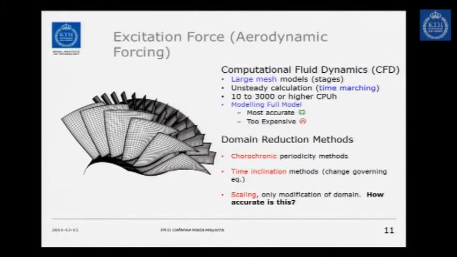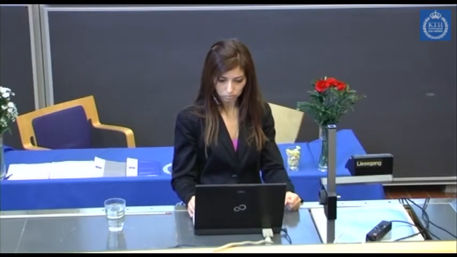And sometimes you cannot have a specific matching blade row from the upstream to the downstream because there's a difference in blade counts that is not an integer number. So you would tend to modify the blades a little bit or scale them to match them. But then, how accurate is this? This is one question that I ask, and I also assess this in my thesis.